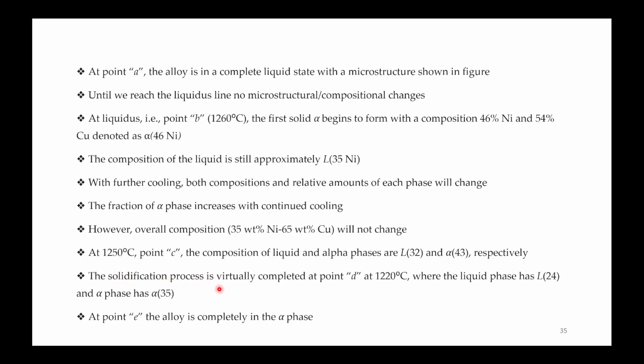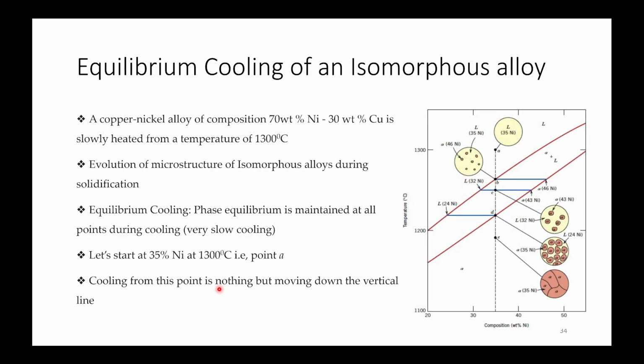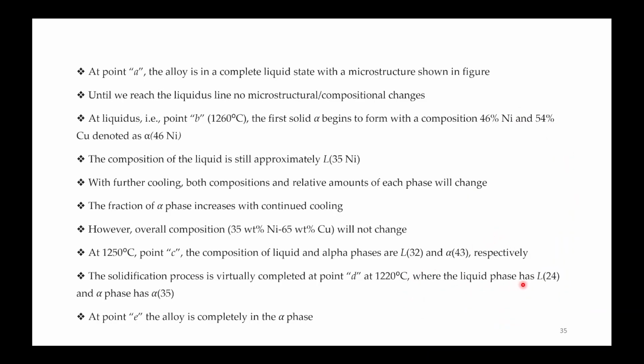The solidification process is virtually completed at point D at 1220 degrees Celsius, where the liquid phase has L24 and the alpha phase has alpha 34. At point E, the alloy is completely in the alpha phase.